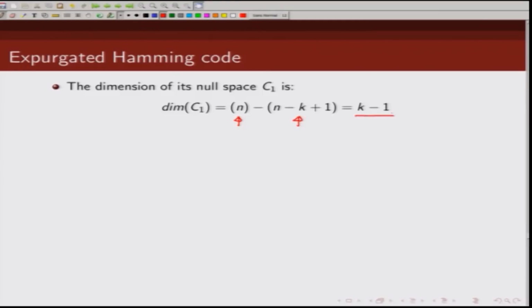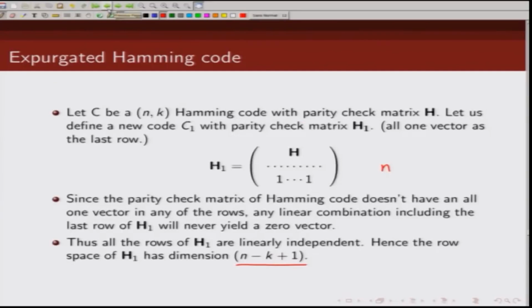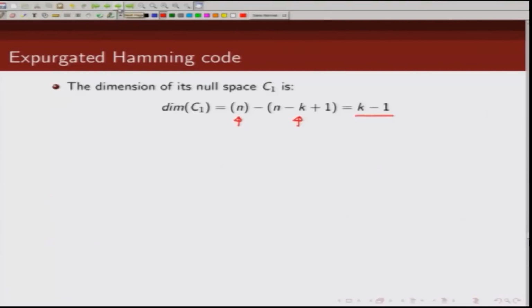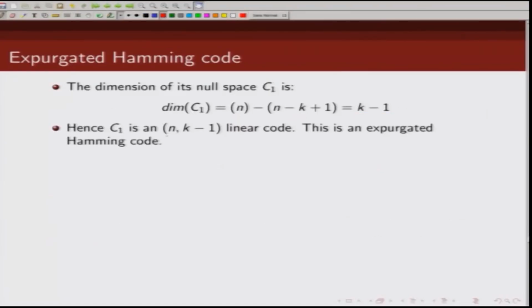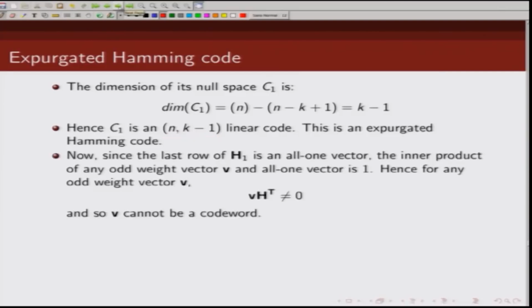So, the new code that we derived by adding an all-ones row in the parity check matrix of the Hamming code is an (n, k minus 1) code, and this is known as an expurgated Hamming code. Now, one of the interesting properties of this code is that it contains all even weight code words. It is not very difficult to prove.